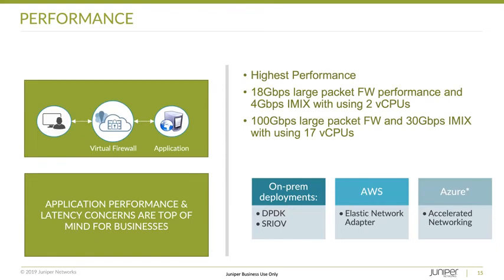One thing is performance. I haven't seen the latest figures, but historically we have been claiming that we might be the most powerful virtual firewall in the industry. Even if that is not the case, you can see from the slide that we can do pretty well, almost 30 gig IMIX using a firewall service, and that is quite powerful.